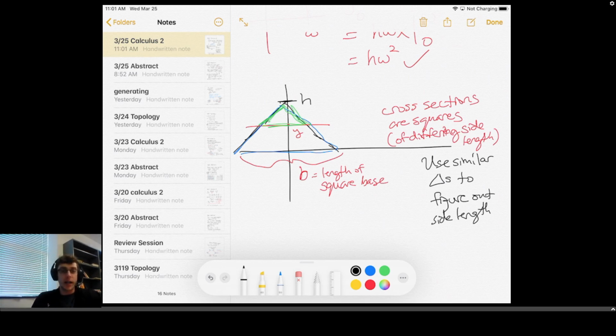This is kind of the idea. You put your base there and figure out what you're getting as you go down. Here I have a square of side length b, but by the end it's side length 0. So I've got a shortening side length throughout, and my goal is to find what this length right here is in general.